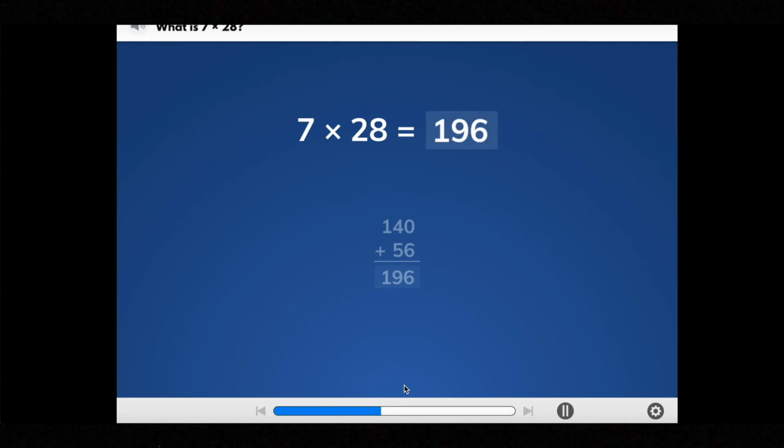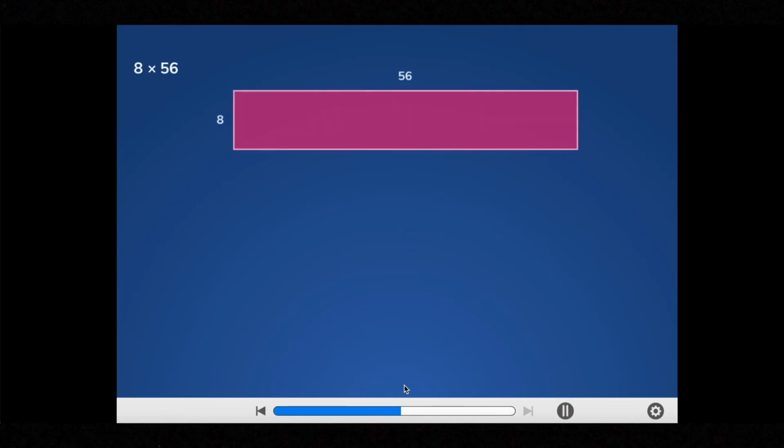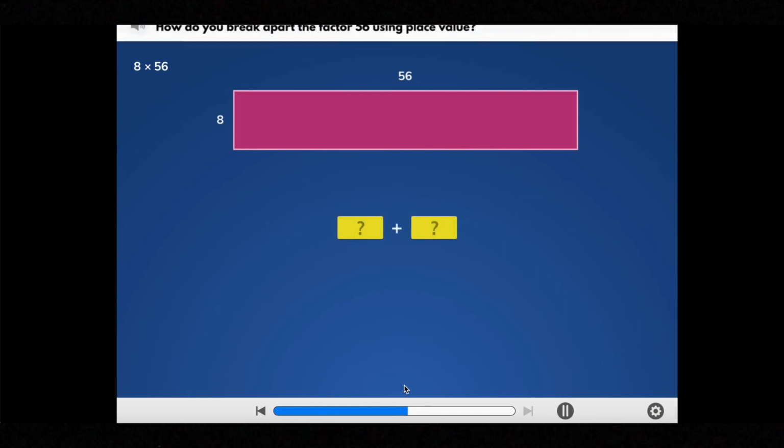You got it. The total product is 196 square feet, which is the area of the whole garden. Find the area of a garden that's 8 feet by 56 feet. Now, how do you break apart the factor 56 using place value?